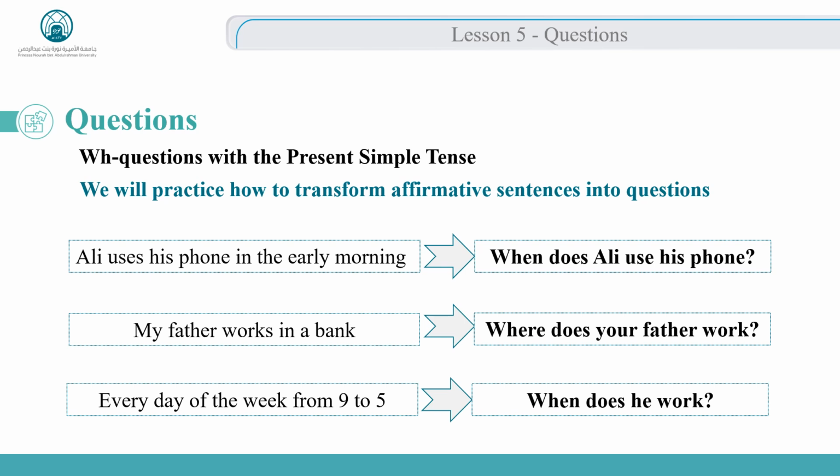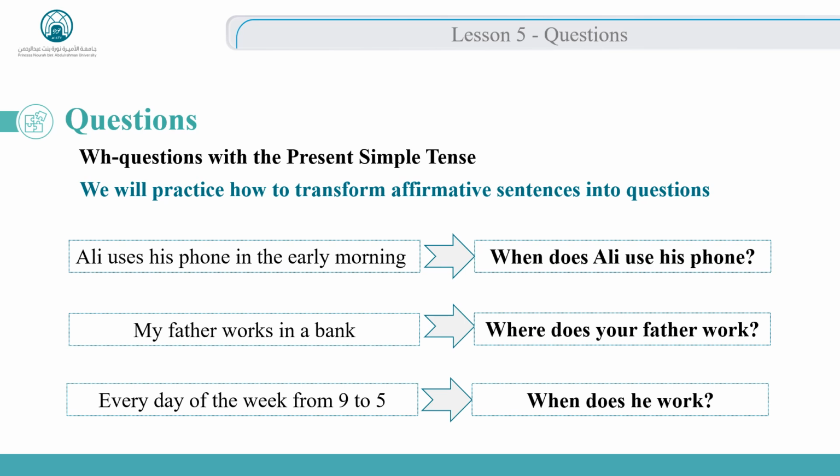Another example. My father works in a bank. Where does your father work? We started with the WH word, where, and then the auxiliary, does, the subject, your father, and then the main verb, work.